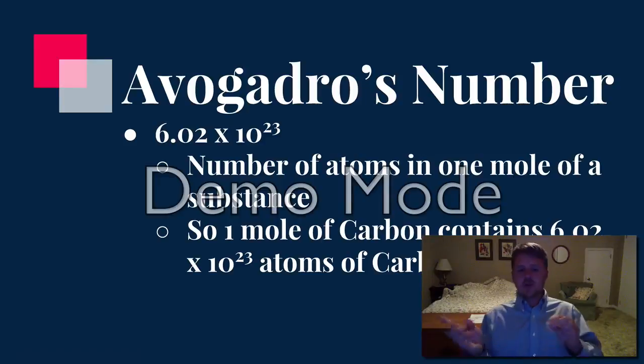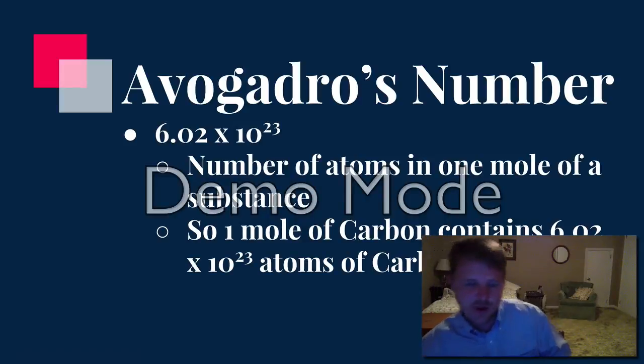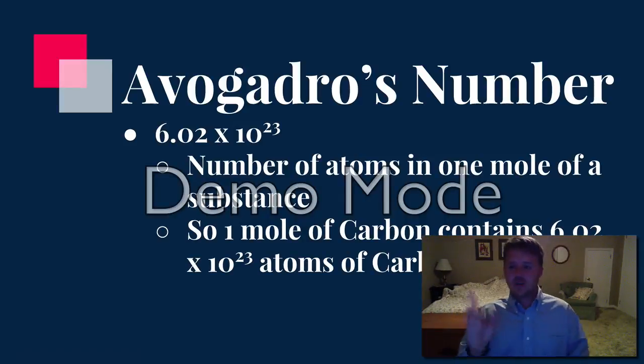So now, go back and forth there. 1 mole means there's 6.02 times 10 to the 23rd atoms. So there's 6.02 times 10 to the 23rd atoms in 1 mole of a substance. So 1 mole of carbon contains 6.02 times 10 to the 23rd atoms of carbon.